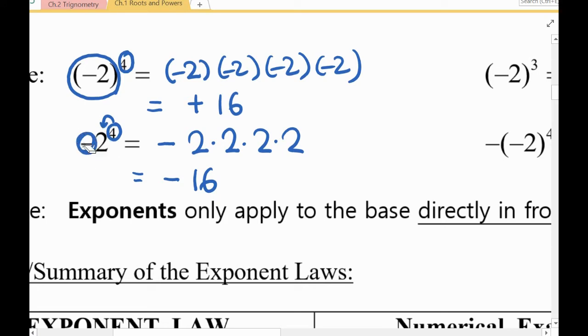Negative sign is not directly in front of it, so you don't repeat the negative sign. You only repeat 2. In the earlier case, because the bracket is around -2, we repeat the whole bracket. But in this case, you only repeat 2 4 times.